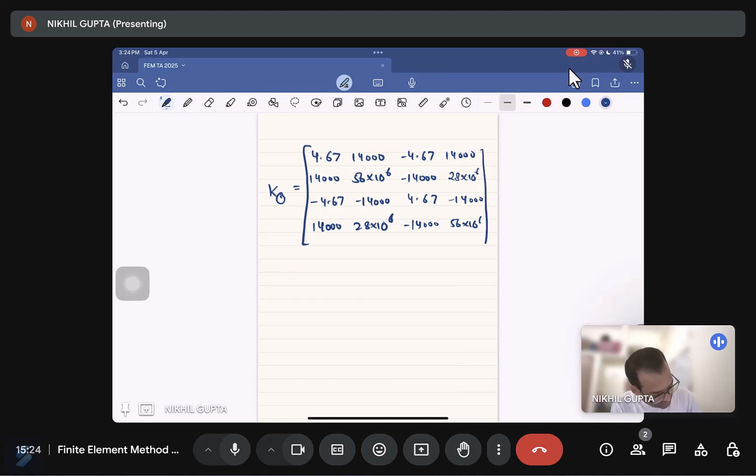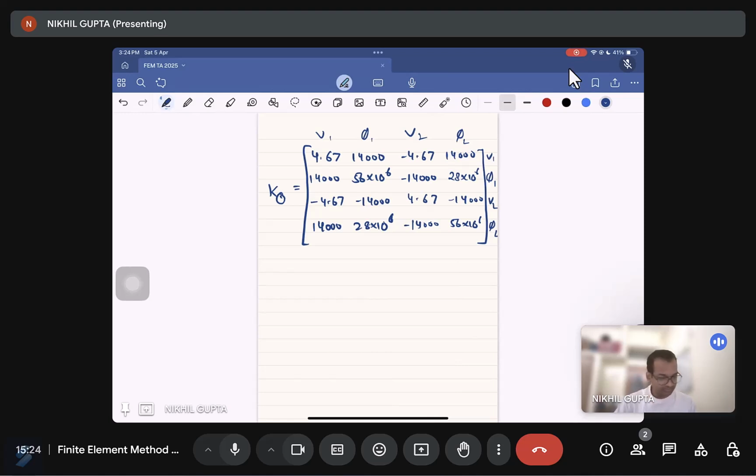And close the braces and again write the degrees of freedom, V1, phi 1, V2, phi 2, similarly V1, phi 1, V2, phi 2. So now we have the K matrix of the element 1.